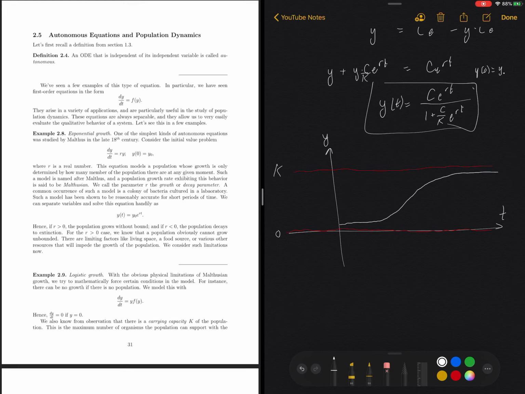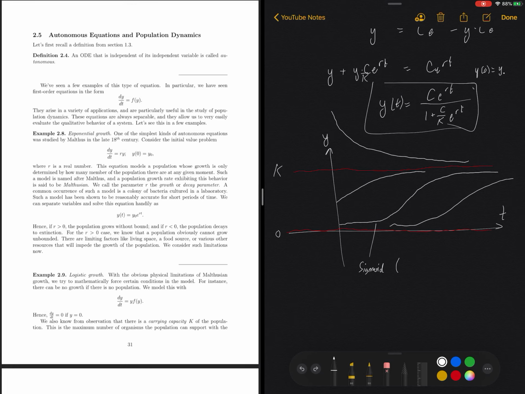And what winds up happening here, you will see, is that your solutions tend to increase exponentially and then flatten out toward the carrying capacity, and they are exponentially decreasing above the carrying capacity, and then they are increasing exponentially in between 0 and k.